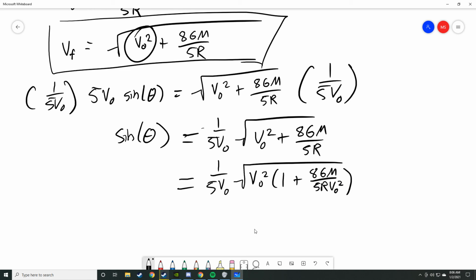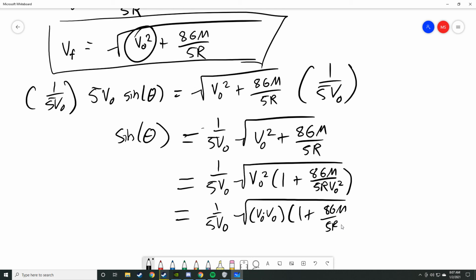And then the beauty of this is, since everything in the square root is multiplied by v naught squared, I'll write it out even more verbosely so that it makes a ton of sense. This is really just saying v naught times v naught, 1 plus 8gm over 5r v naught squared.